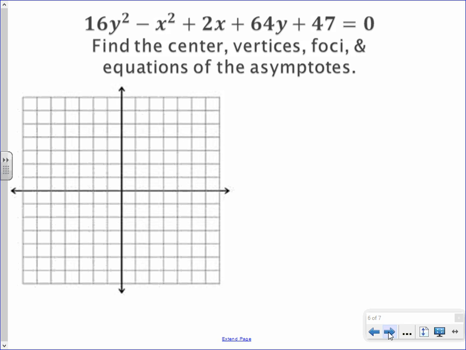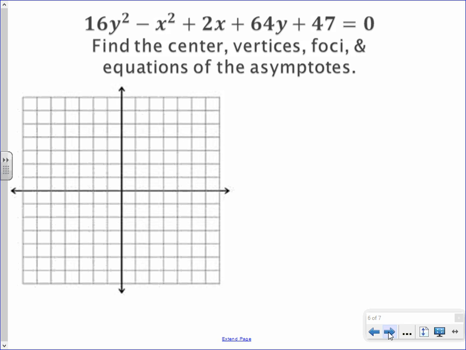You're writing down this general equation. How do we know that it is a hyperbola? First of all, we have x squared and y squared. Second of all, one's positive, one's negative. Since x squared and y squared have opposite signs, we know it's going to be a hyperbola.